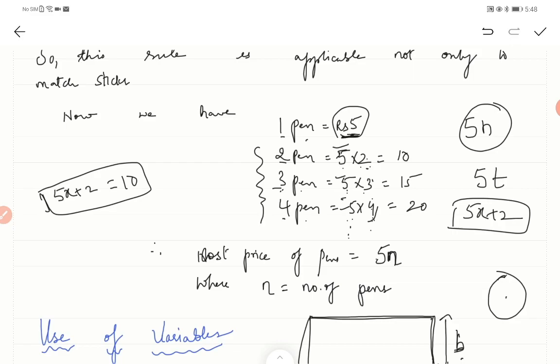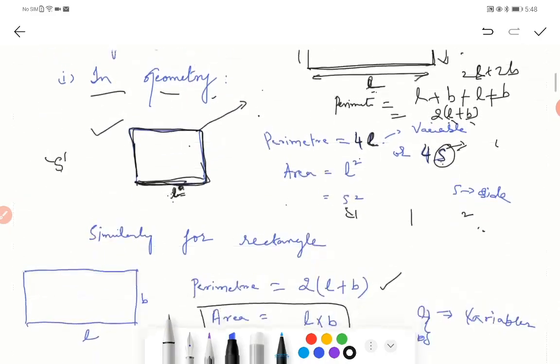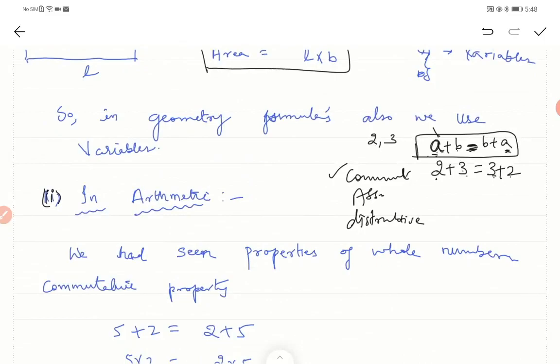Expressions are without an equal to sign, and they can have variables. When the equal to sign comes, you call that an equation. So you write in general with variables, and get the general expression, because with variables it can hold any kind of number.